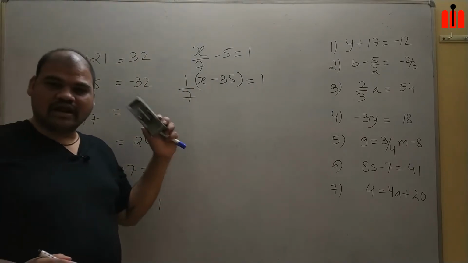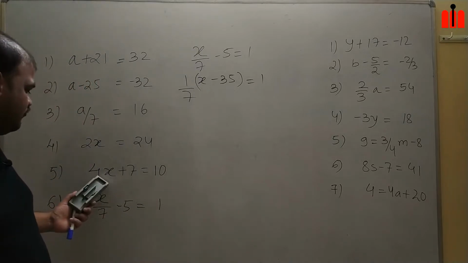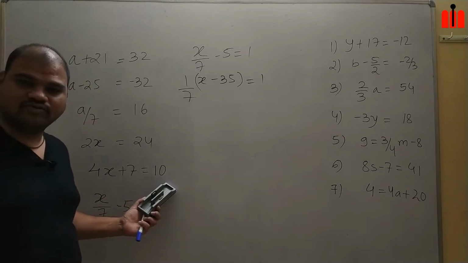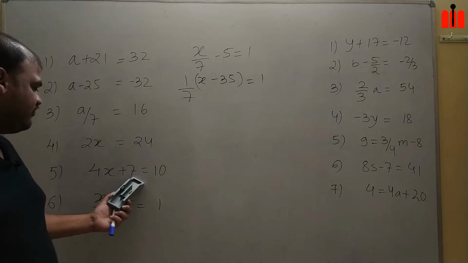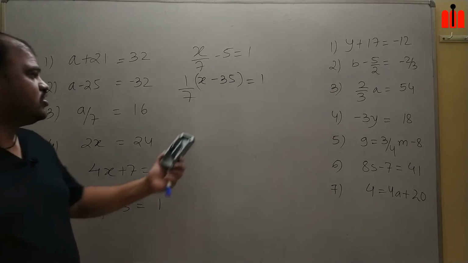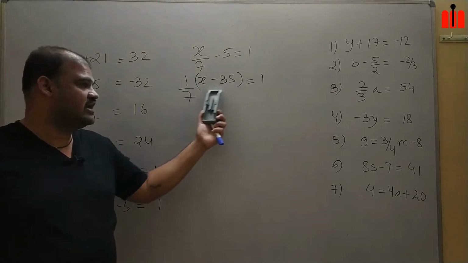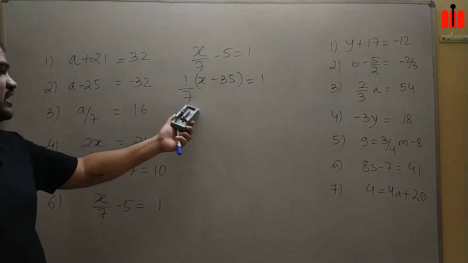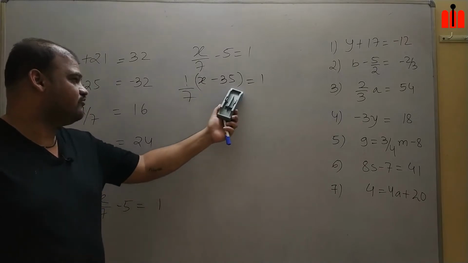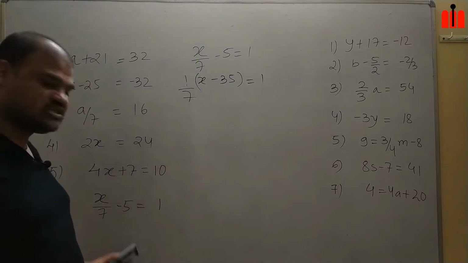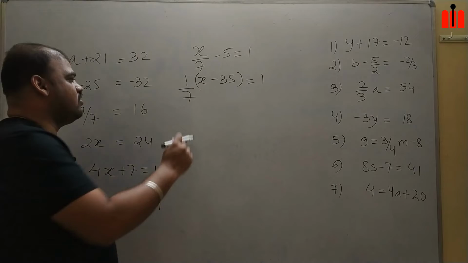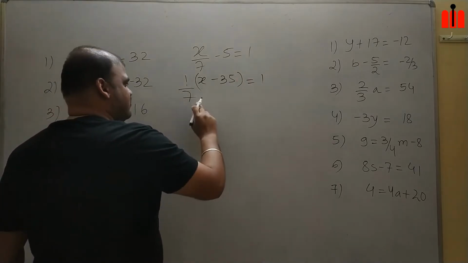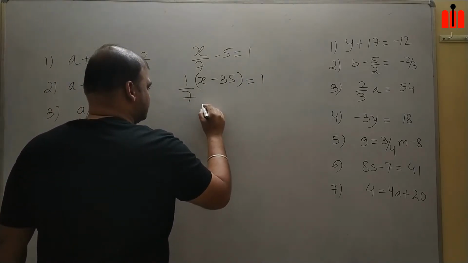In the earlier problem I told you 4 can only be transferred to RHS once it is a factor of the entire LHS. Similarly, 1 by 7 is the factor of the entire LHS in this 6th problem. Now the 7 which is in division can be in multiplication on the other side.